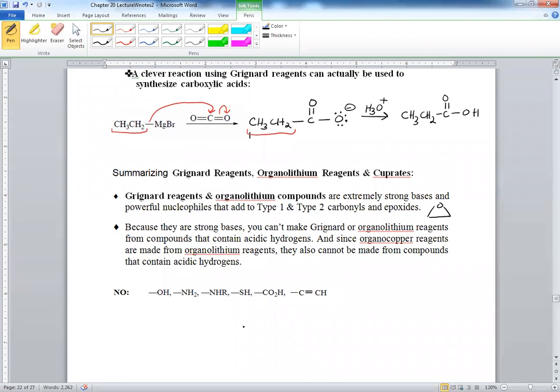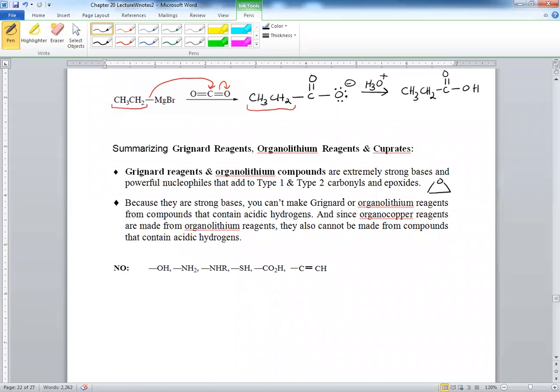Again, it reinforces the statement that was made earlier. So here are, again, you can't use any of these acidic groups on the Grignard reagent. By the way, this is an alkyne.